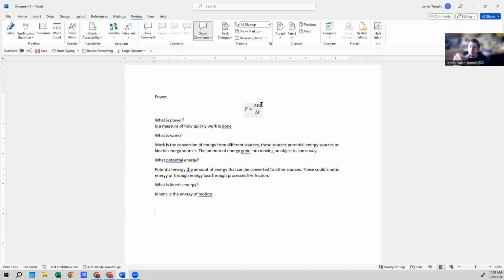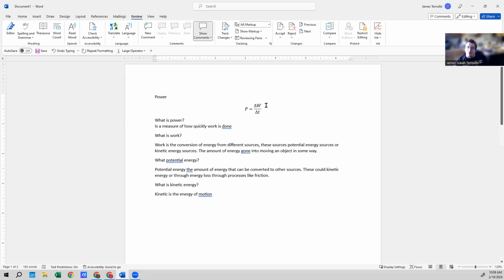Because the moment that I drop that ball from the roof, gravity is going to take over and start converting and doing work on this ball, converting that potential energy into kinetic energy. So depending on how long it takes for the ball to hit the ground would determine how much power that ball will release when it hits the ground.